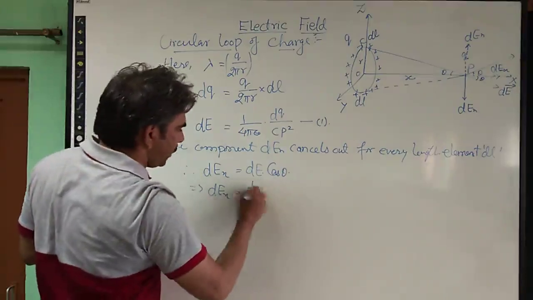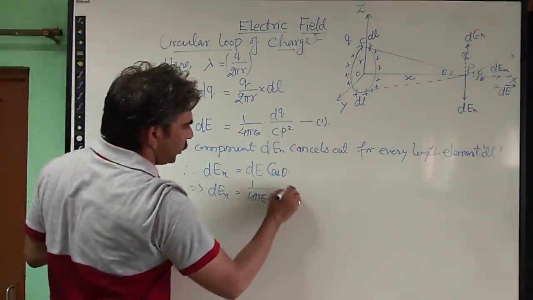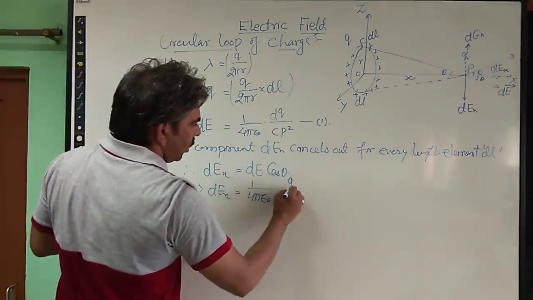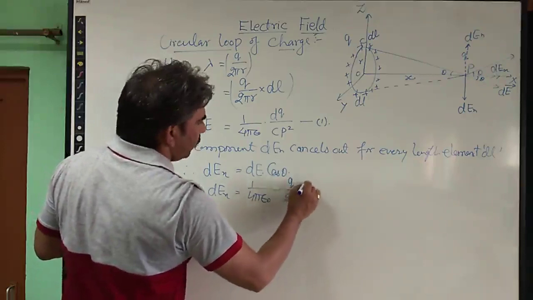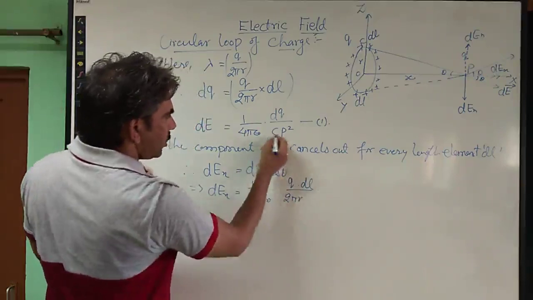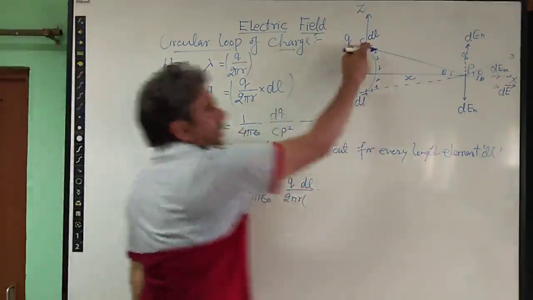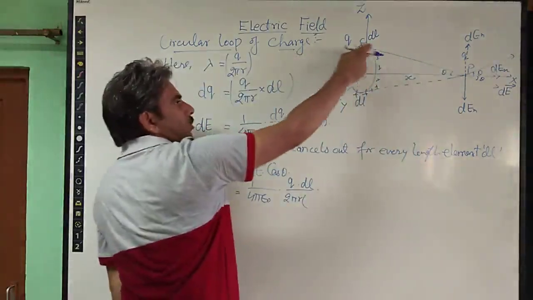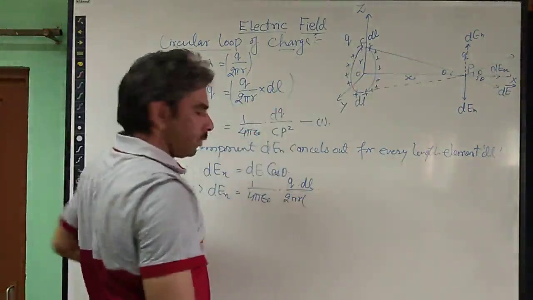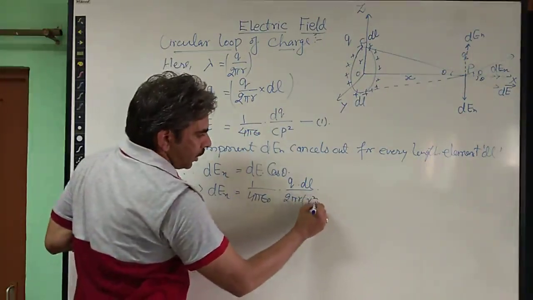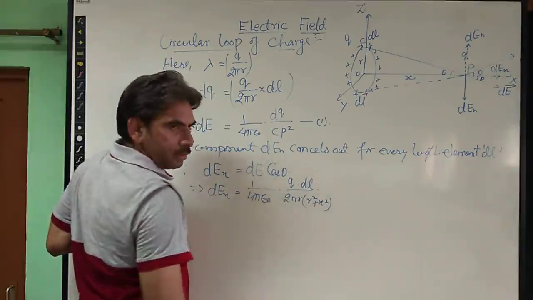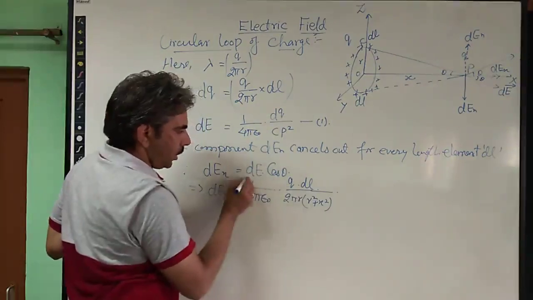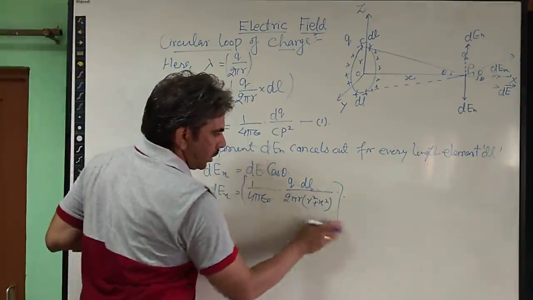So dE simply means 1 upon 4 pi epsilon naught into dq. dq here you can write to be q upon 2 pi r into dl, upon CP square, where CP is nothing but CP. In this triangle OCP, this CP is the hypotenuse, so you can write it as the square root of r square plus x square. On squaring, the root just cancels out. So this is dE into cos theta.